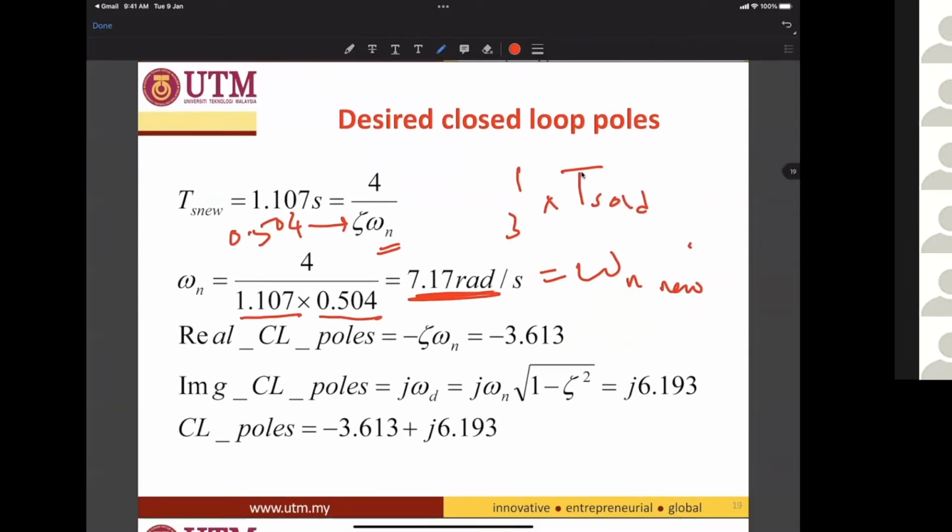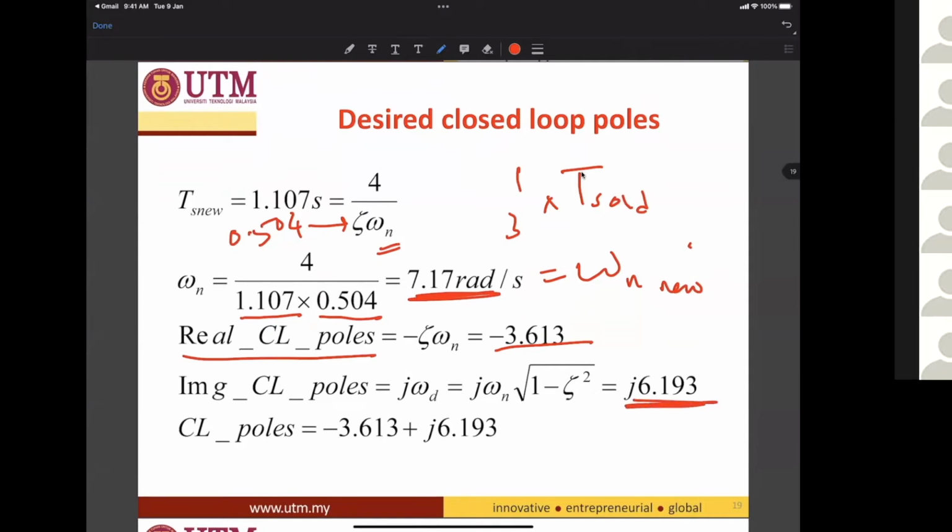So the real closed loop pole now become zeta multiplied by omega n, which is minus 3.613. Okay, and the imaginary closed loop pole J omega D sama dengan J omega n square root 1 minus zeta square, 6.193.